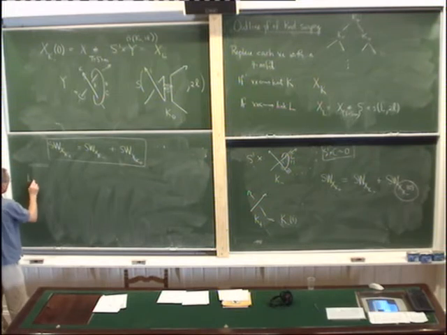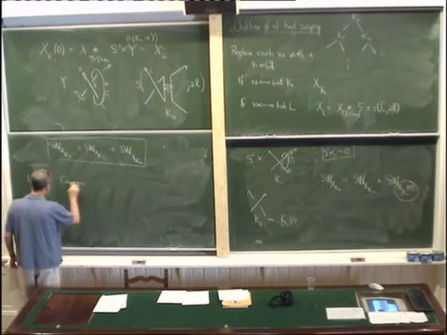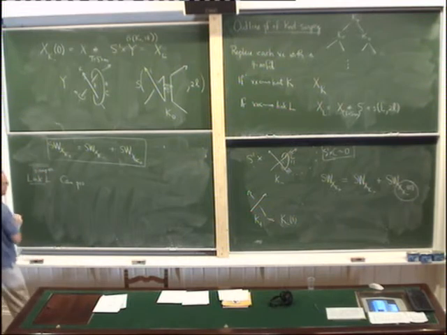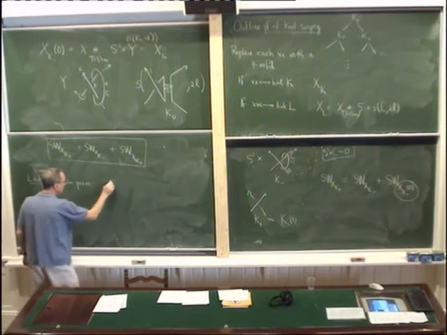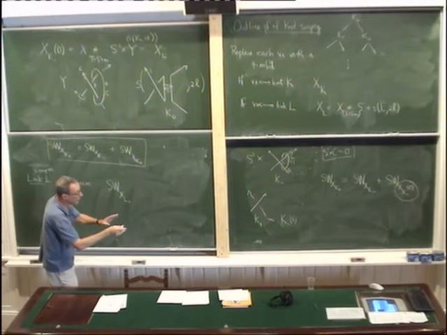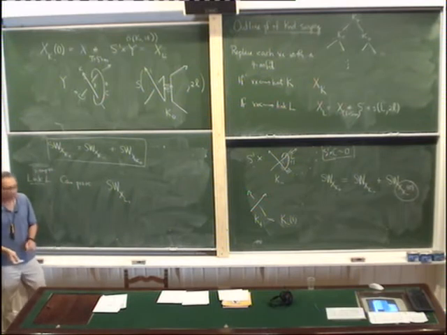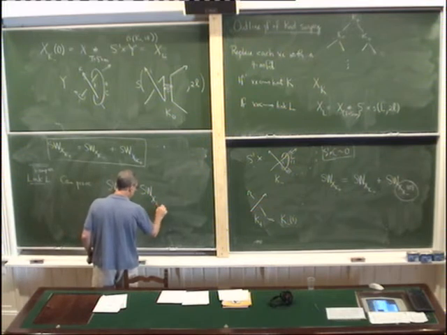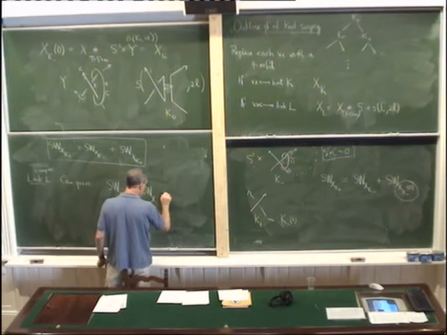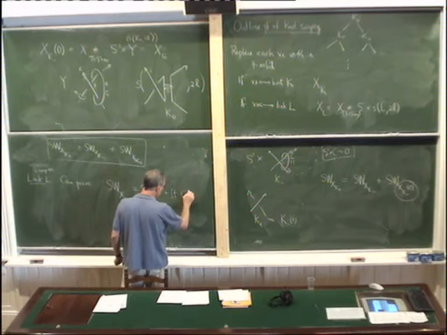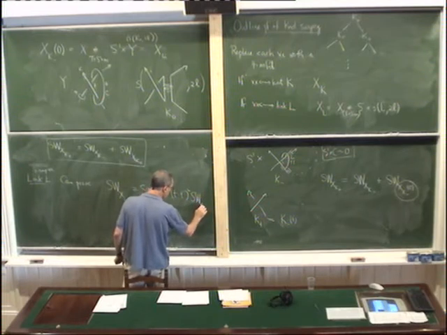And when you have a link, an oriented two-component link L, you can prove that the Seiberg-Witten invariant of X_L plus, it's basically the same proof, but slightly more complicated, is the Seiberg-Witten invariant of X_L minus plus t minus t inverse squared times the Seiberg-Witten invariant of X_L0.